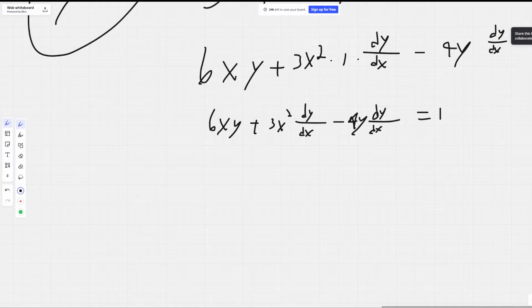6x times y plus 3x squared times 1 dy dx minus 4y equals 1.